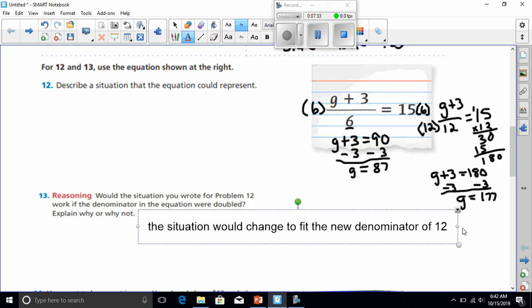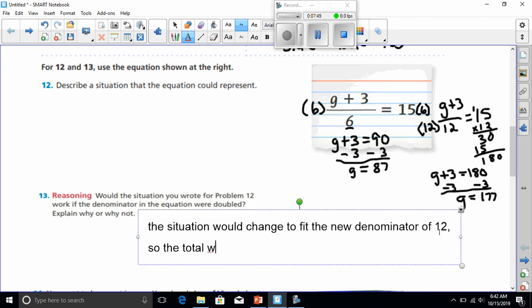Let's see. So the total would be multiplied by 12 instead of 6.